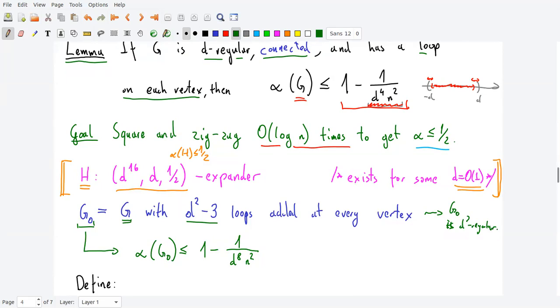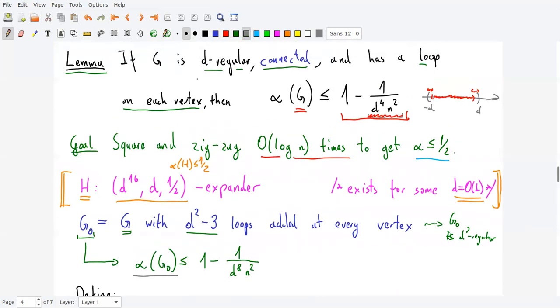Because all the consecutive graphs that I will produce during my construction will be d square regular. So what I know about G0: G0 is now a connected graph because I assume that G is connected. It is a connected graph that is d square regular, and definitely it has a loop at every vertex, because we added a lot of loops at every vertex.